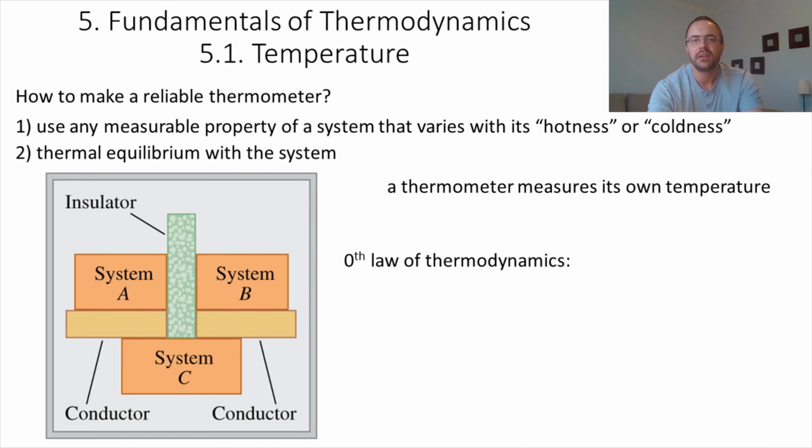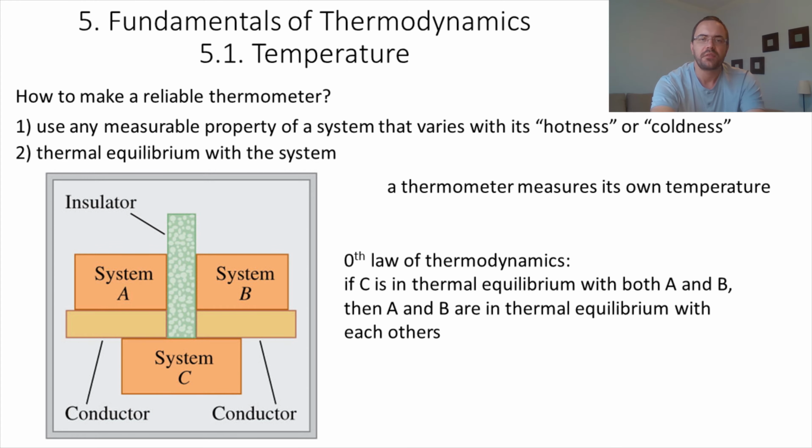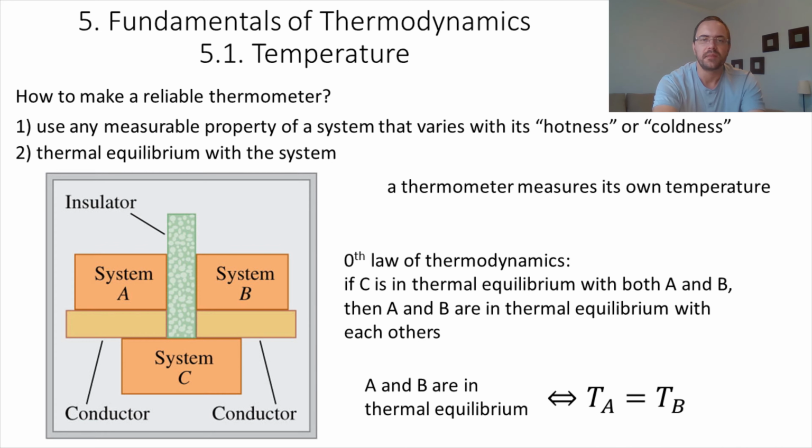If you have three bodies, system A, system B, and system C, and if systems A and B are not in direct thermal contact with each other, but both are in thermal contact with the same system C, then the Zeroth law says that if C is in thermal equilibrium with both A and B, then A and B are in thermal equilibrium with each other. And A and B in thermal equilibrium is the same as saying that their temperature is the same. Right? T_A is equal to T_B.